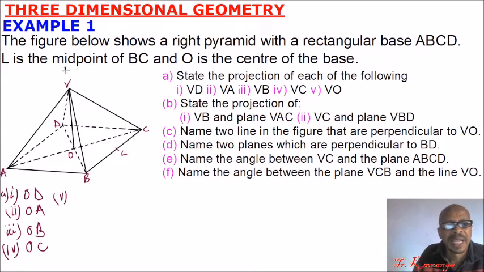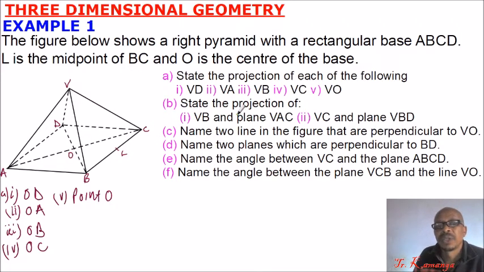So if you shine a light right here, the shadow of VO will be on point O. So the projection of that line is point O. So that's how you answer that. So I hope you have understood the projection of a line on a plane. It is its shadow, or where that line, if you drop it, will fall onto.